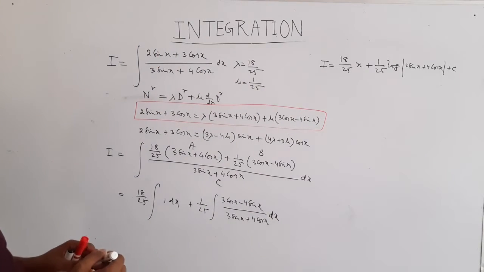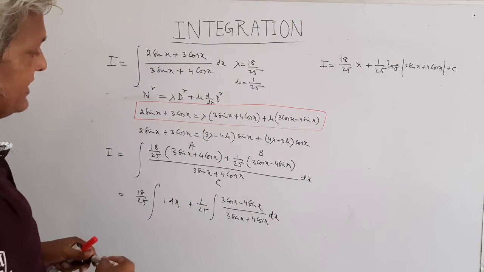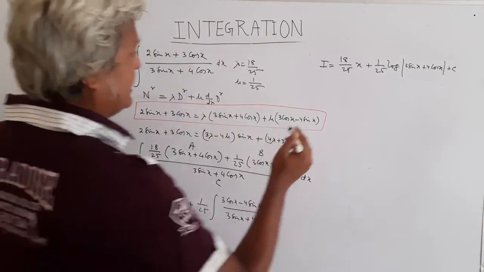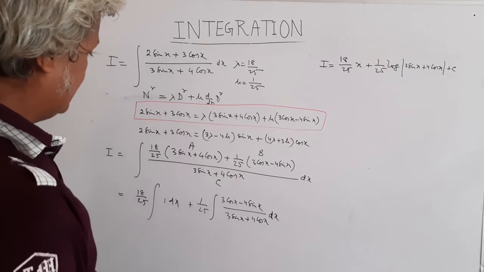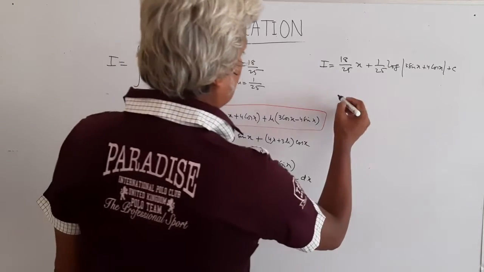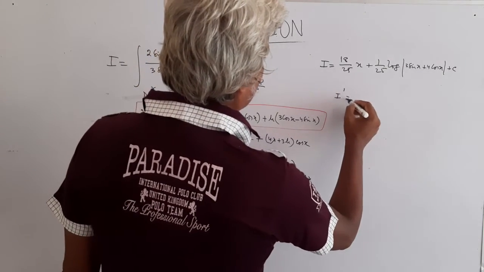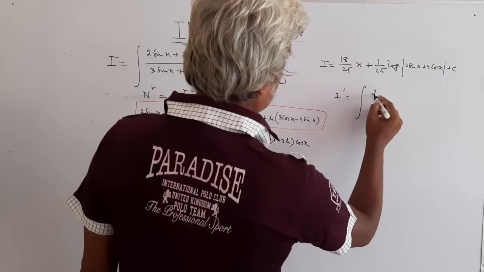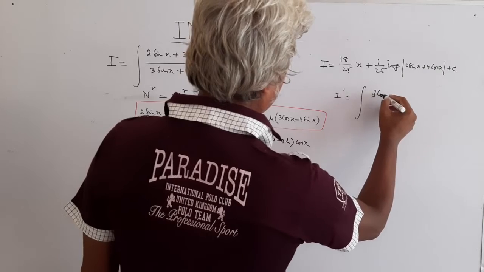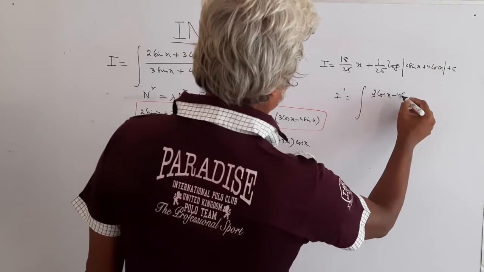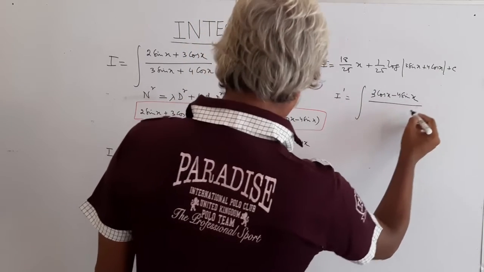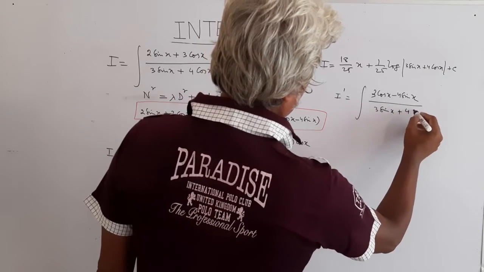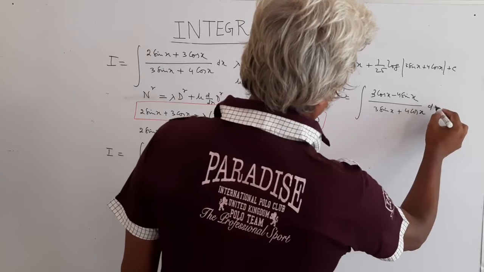So if you think that I did it directly, finding the integration of this part here, let me explain for the sake of those who understand things a little slowly. So I write, let I dash be the integration of 3 cos x minus 4 sin x over 3 sin x plus 4 cos x.